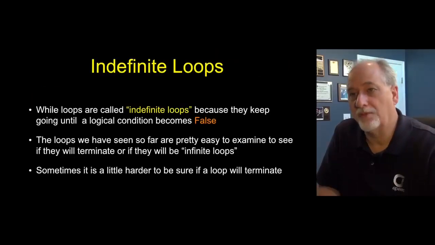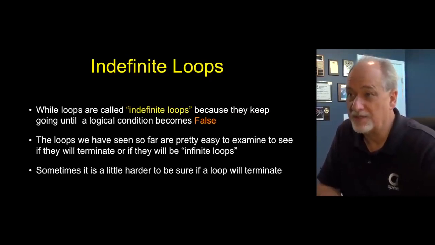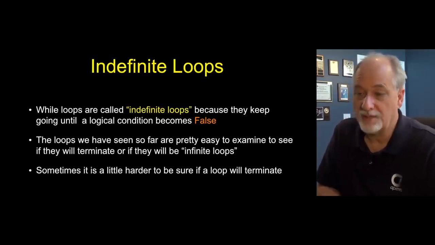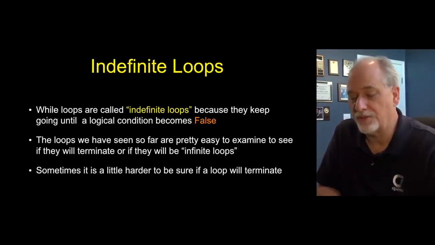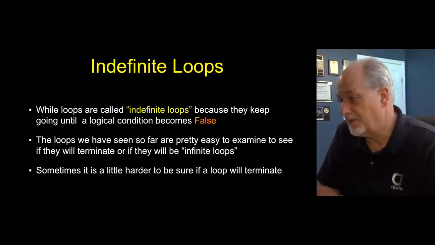So these loops that we've been drawing so far, the ones that use while as their keyword, are called indefinite loops. And that's because they go for a while, till a break hits or until some value becomes false, as long as that value remains true. All the ones we've done so far are easy to look at and know that they look pretty good and they're probably going to finish.